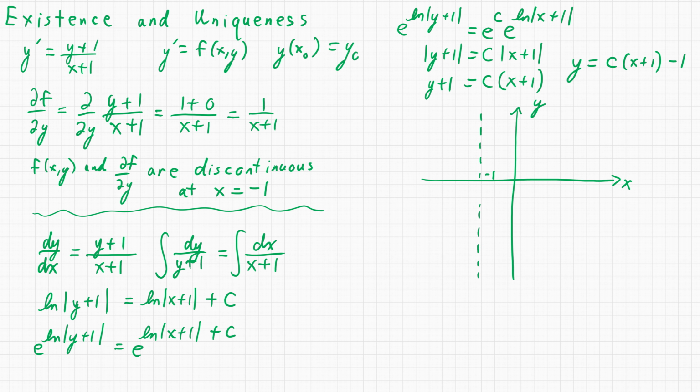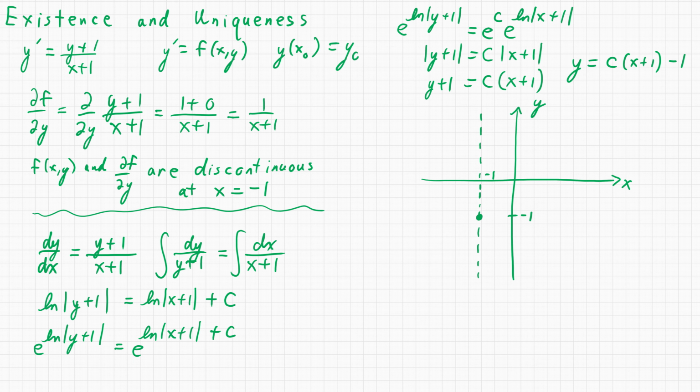Let me draw that a little nicer. If x equals negative 1, this whole bit cancels, and we're at negative 1. So it looks like these lines are actually going through negative 1, negative 1. So it looks like there's something interesting going on with that point.